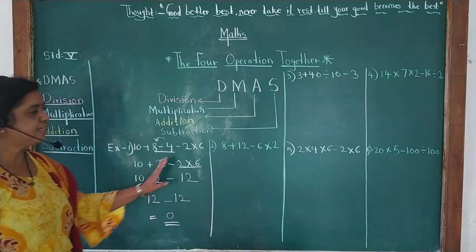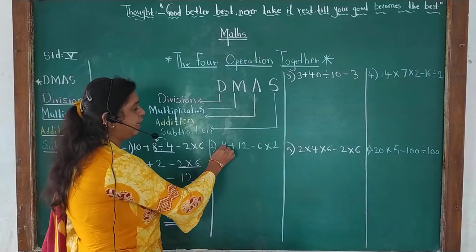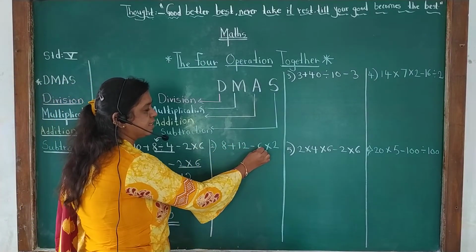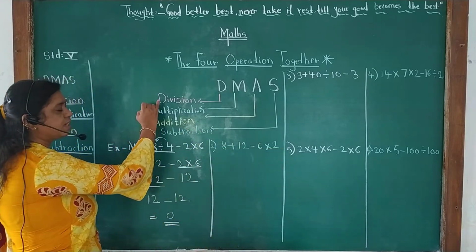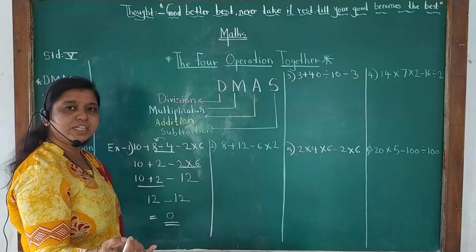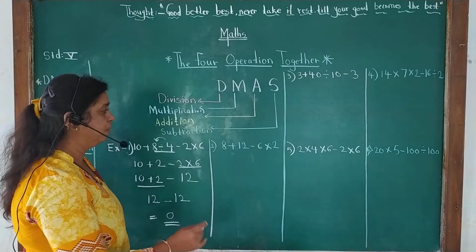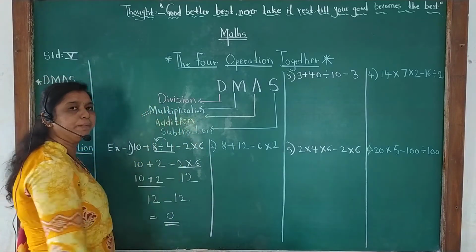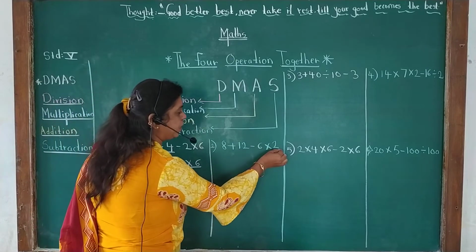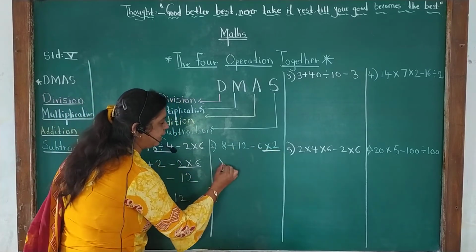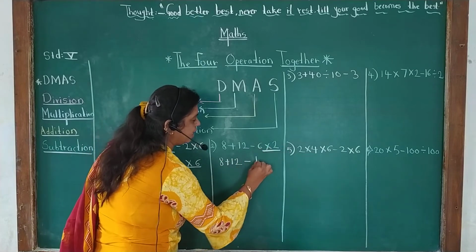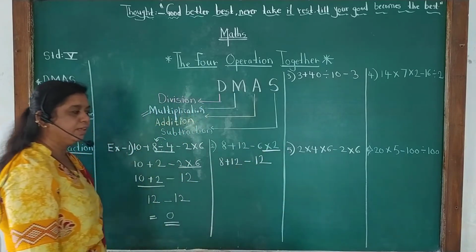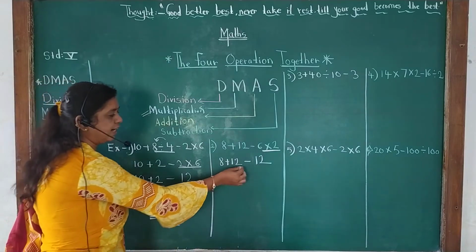Understood? We'll see the next example: 8 plus 12 minus 6 multiplied by 2. Now see, in this example, division comes first, but division is not given in this problem. So directly you have to go for multiplication. Where is the multiplication? See here. So 8 plus 12 will remain as it is, minus 6 2s are 12. Now the next operation is addition.